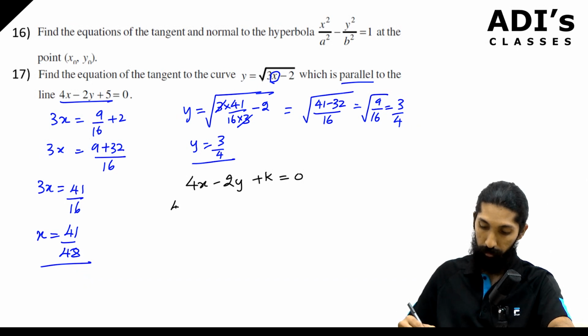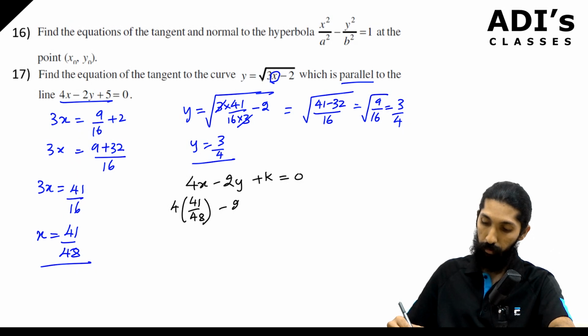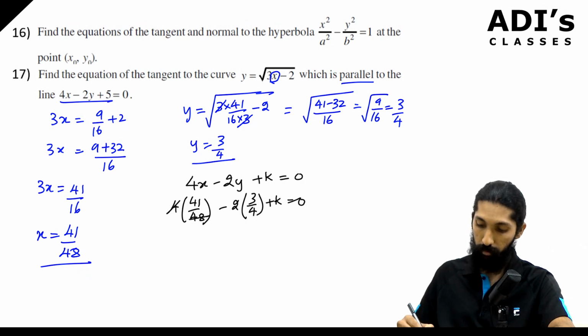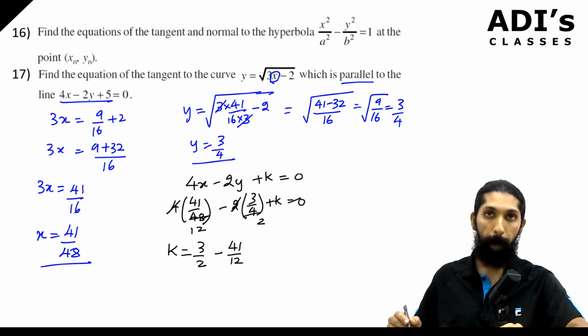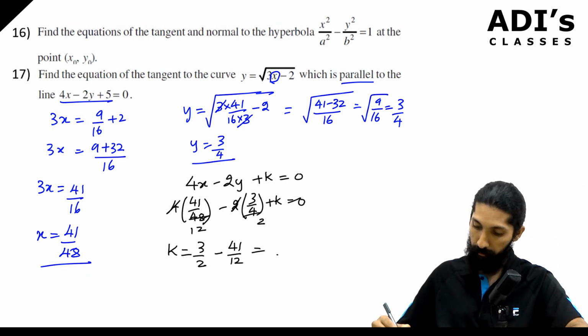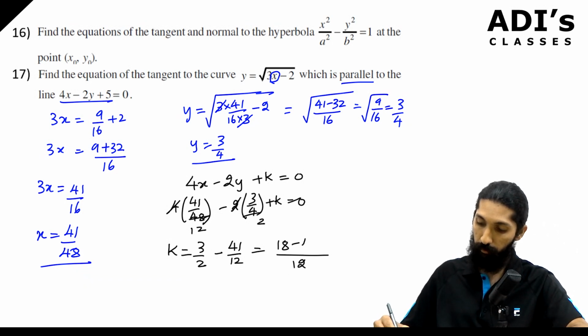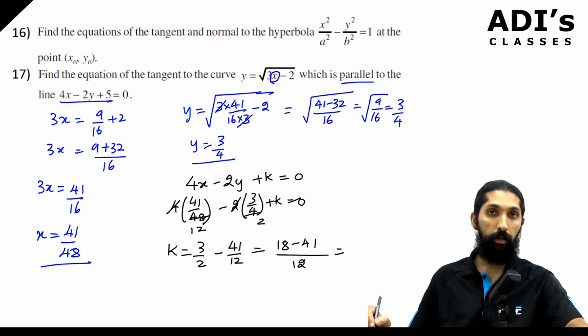So 4 into 41 by 48, minus 2 into 3 by 4, plus k is equal to 0. So k is equal to 3 by 2 minus 41 by 12. 12 is the LCM. So 18 minus 41.